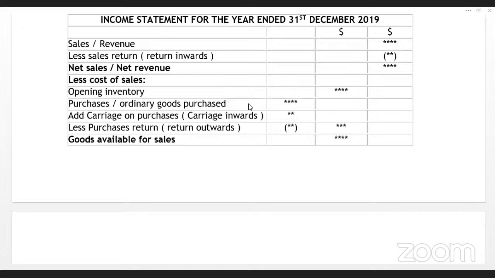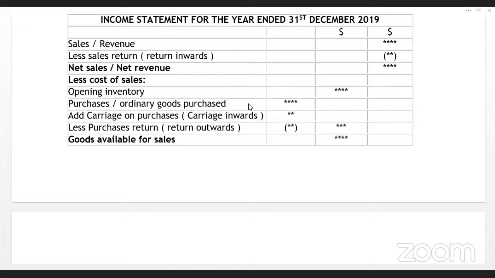Poor quality products. Poor quality product, that is good. Then what else? Expiry date. Damaged product. Sometimes you may find that what they have supplied is different from what you had ordered. Sometimes you may find that the goods are expired. Okay.